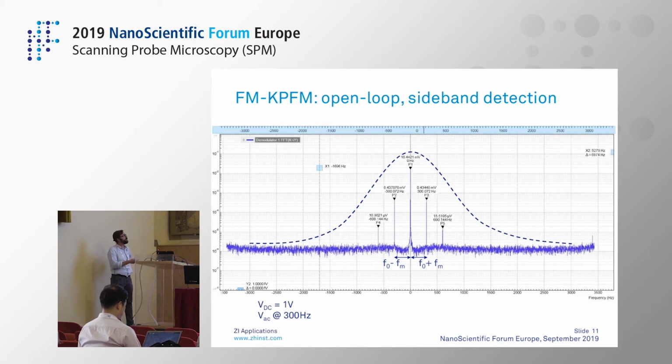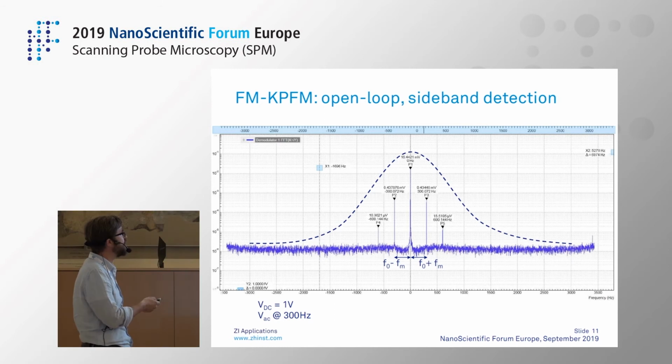But if you now start to apply some AC modulation, you will see these side bands appear. This is again real data, the FFT of the lock-in output. In this case, that's a motivation for having several demodulators, because here you need at least 5 to measure the amplitude and phase of each of these peaks.